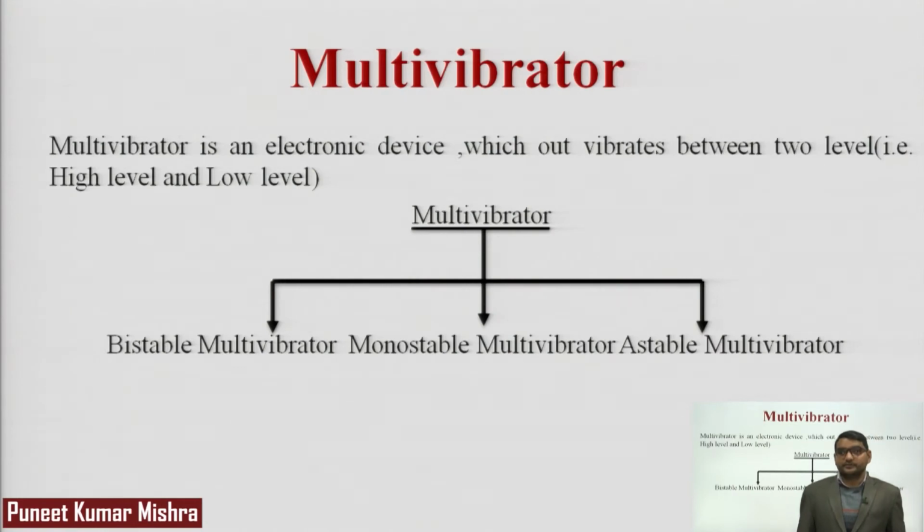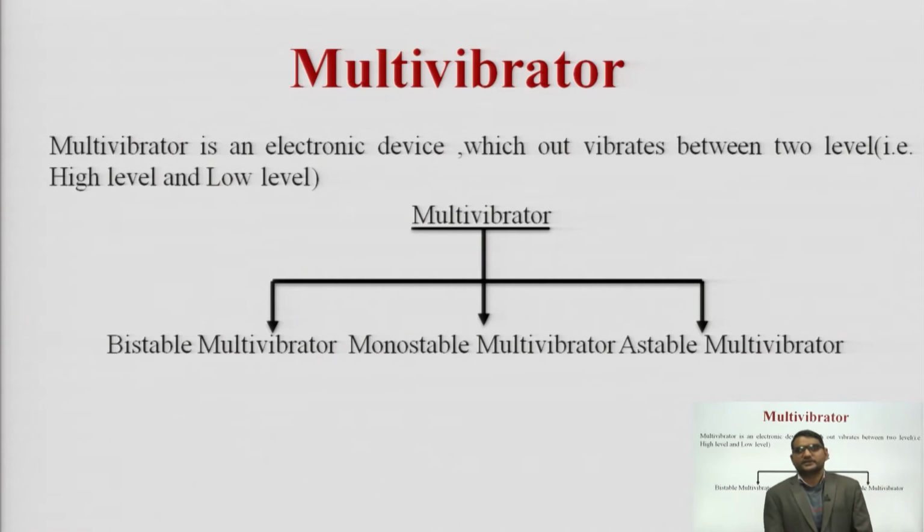Today we discuss the multivibrator. A multivibrator is basically an electronic device whose output vibrates between two levels, that is, the high level and the low level.